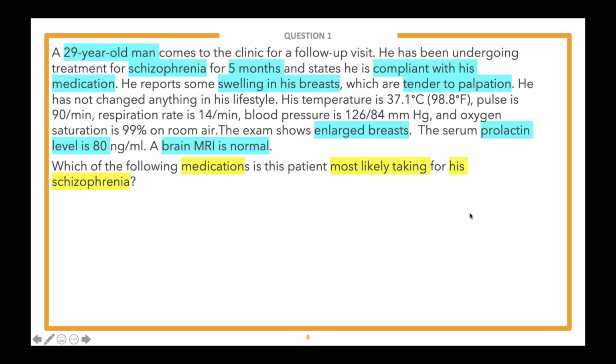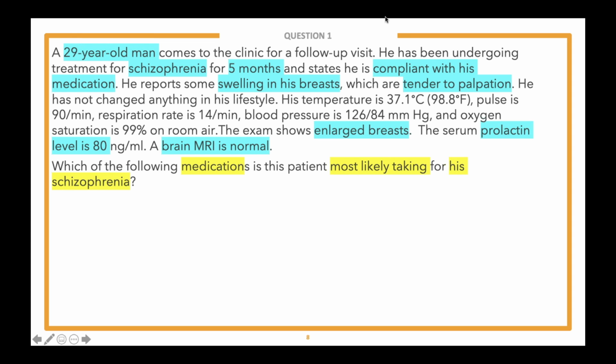And depending on the answer choices, maybe there could be a third step involving the mechanism of how something could go about. So this could maybe be a 3-step question, but I think probably a 2-step question. One, what's going on with this patient, and two, maybe which medication could have led to that.